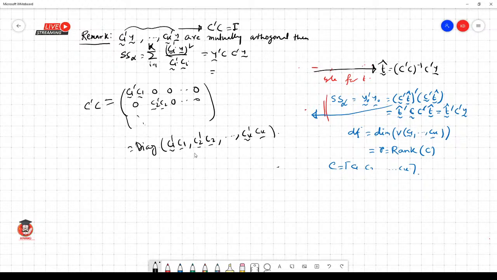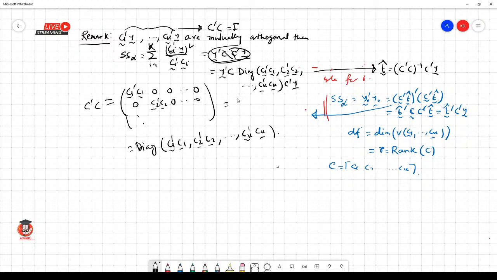So therefore, this is y curl prime C times the diagonal matrix with C1 curl prime C1 curl, C2 curl prime C2 curl, ..., Ck curl prime Ck curl, times C prime y curl.